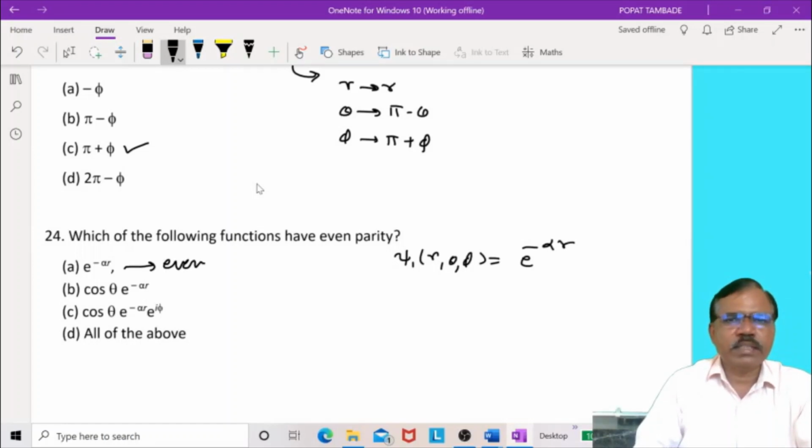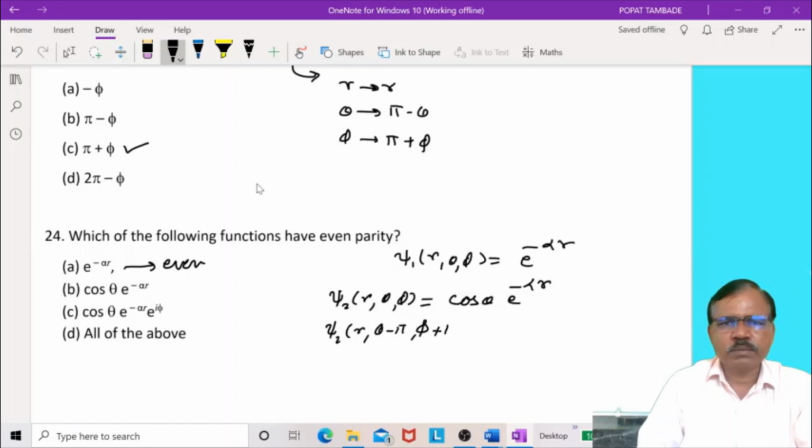Now if we take the second function, psi 2 r theta phi is equal to cos theta e raised to minus alpha r. So psi 2 of r, pi minus theta, pi plus phi will be equal to cos of pi minus theta e raised to minus alpha r.